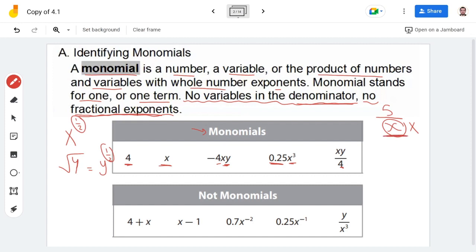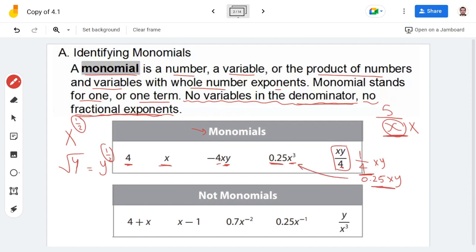I told you only the variable is a problem. How can I rewrite this one? I can rewrite it as 1 over 4 xy. As you can see, 1 over 4 is 0.25, so 0.25xy. So this one is a monomial. It's the same as this question here.